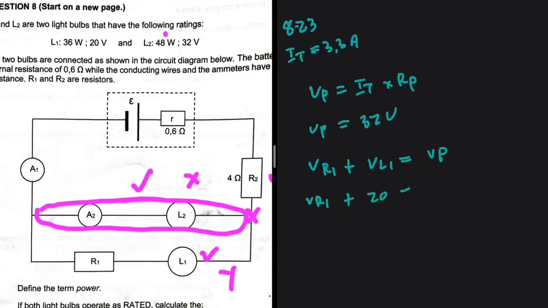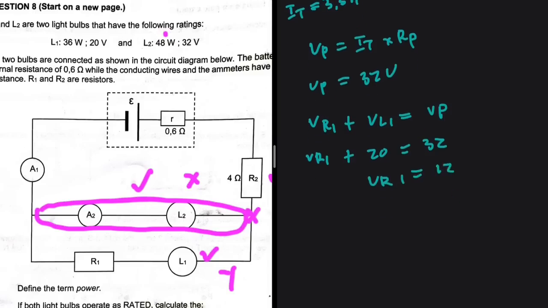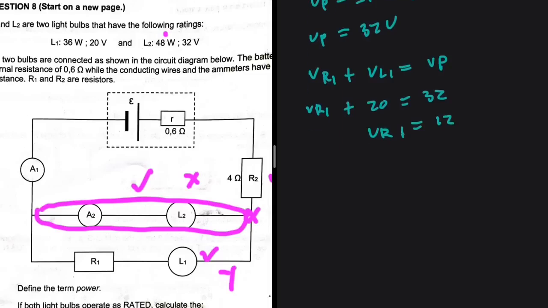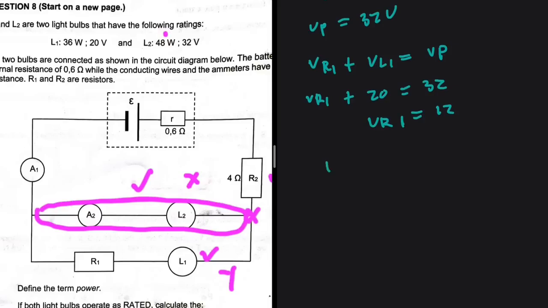So we have 20 plus V of R1 being equal to 32. So V of R1 is equal to 12, right? 32 minus 20. So there we go. V of R1 is equal to 12. But we know the current that passes through R1. So V of R1 can also be equal to I multiplied by R. So V of R1 is 12.